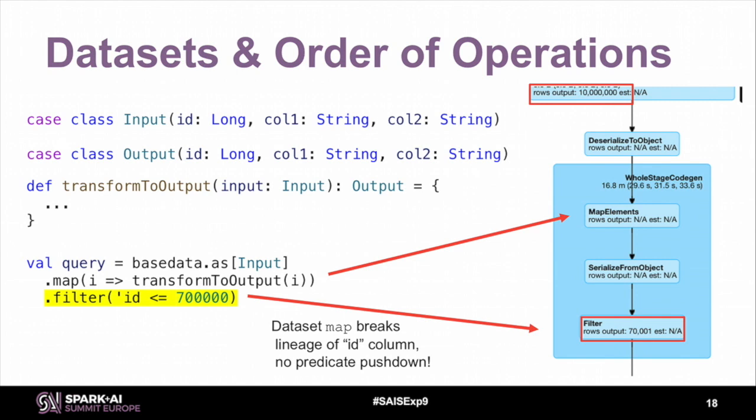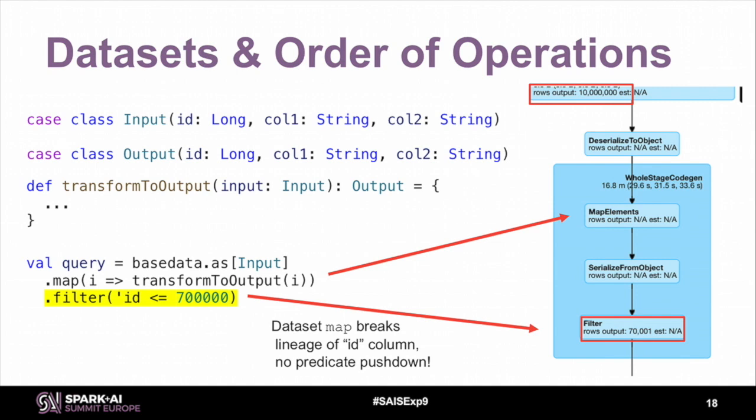We're taking some input data, doing something, and outputting some data again. Spark doesn't understand what happened to that ID column. It could be something completely different, or the exact same value that came from Parquet, but Spark can't tell because it can't see into your data set transformation. So it's almost like it's breaking the lineage from the original Parquet column.